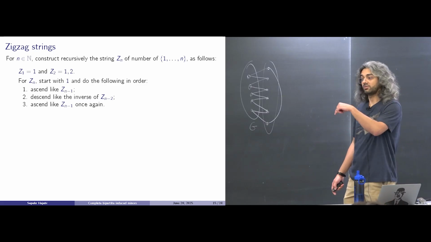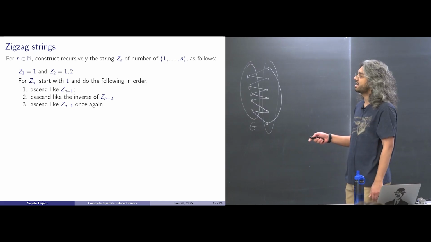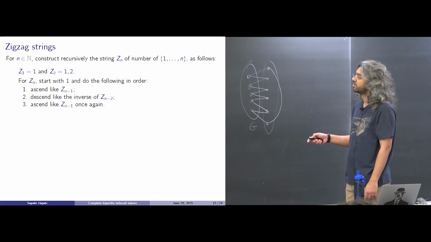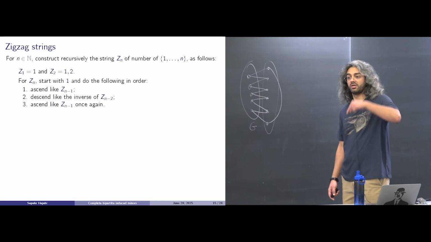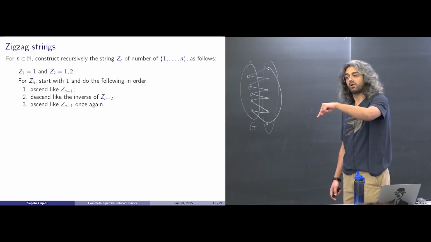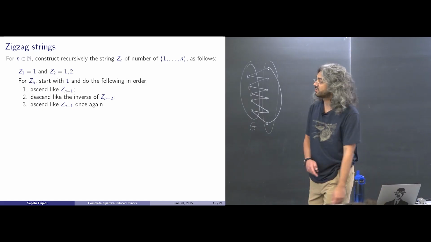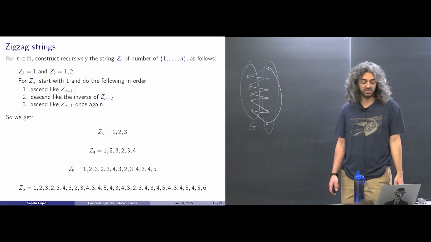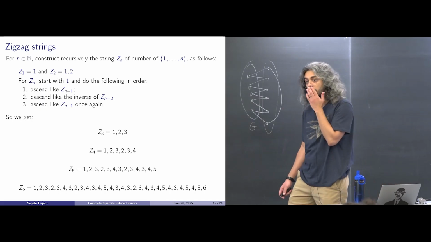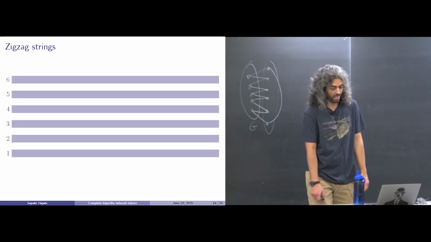From the third term on, if I want to construct zn, I'm going to start with 1, and then I'm going to go up like zn minus 1. I'm going to come back down like the inverse of zn minus 2, and then I'm going to go up like zn minus 1 once again. If you write this down, you're going to get z3, z4, z5, z6, like this. I don't think this is quite illustrative, so let me show you a picture.